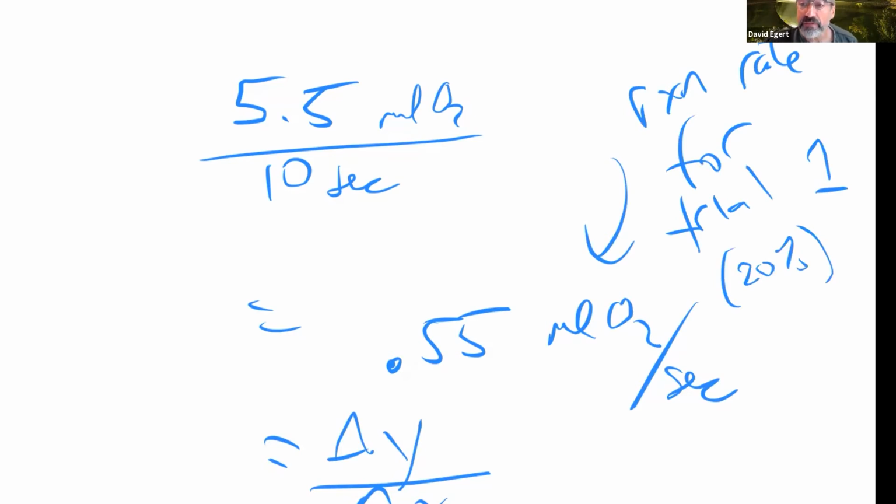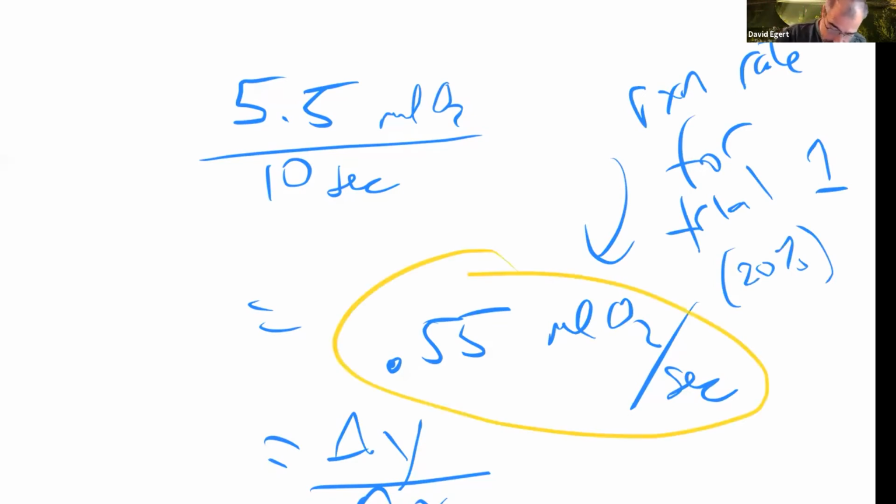So you're going to have to do this same thing for trial 1, for trial 2, for trial 3, for trial 4, for trial 5. By the time you do it for trial 5, you're probably getting pretty good at it. For each of those times you calculate, you are going to get the reaction rate for that trial.